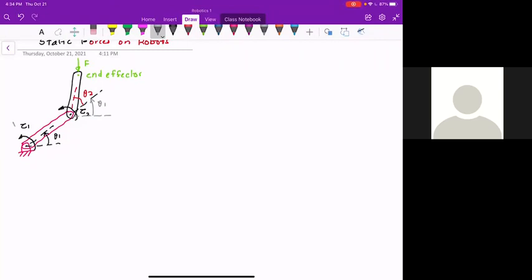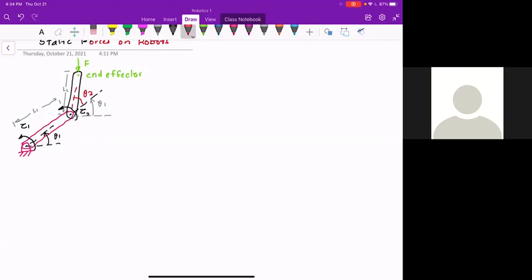I'm going to give you some lengths. This is L1. This length here is L2. And the idea is we want to find out the torques tau 1 and tau 2.